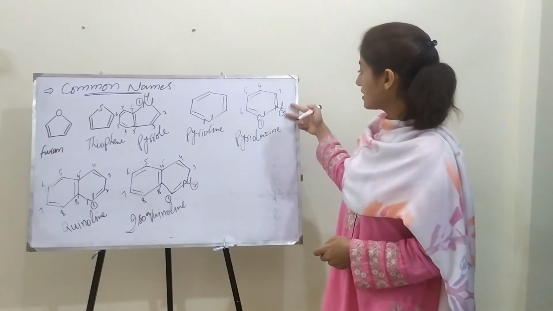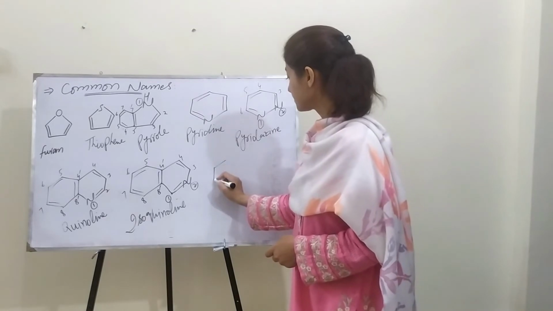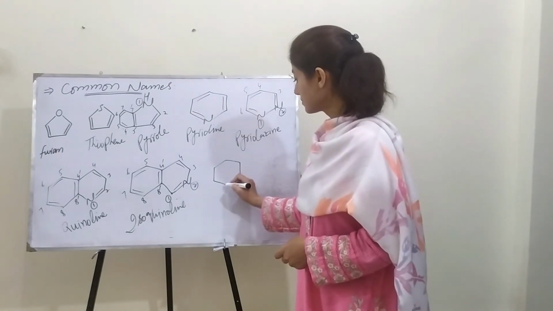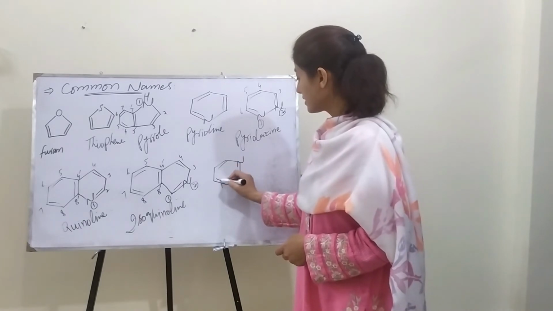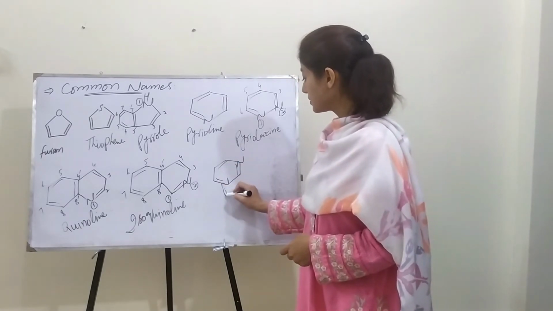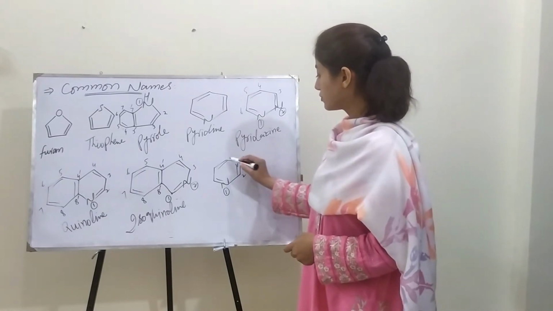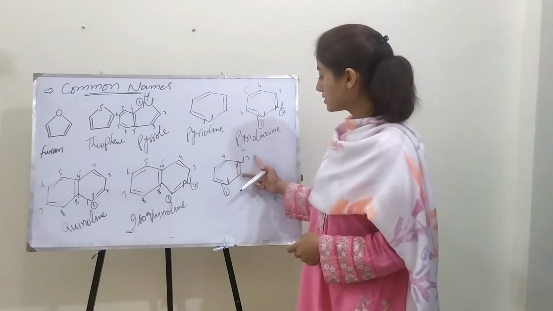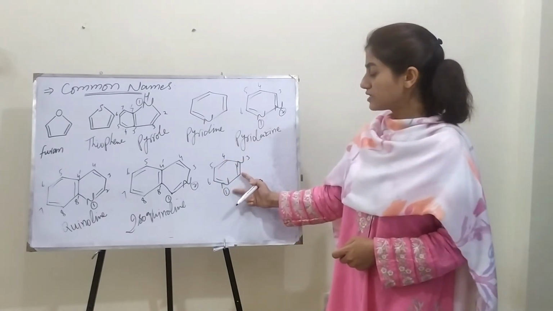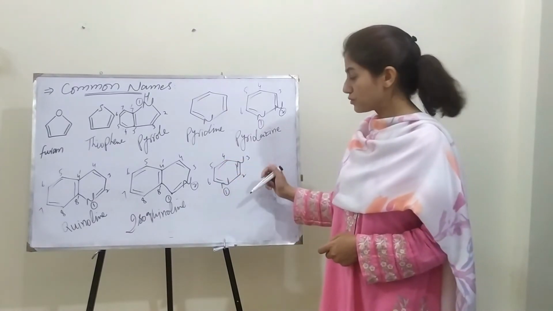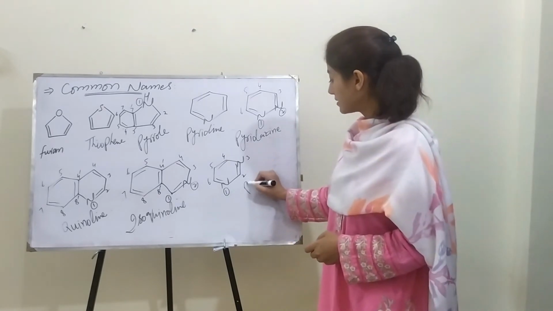And if the second nitrogen is at position number 3 like this, here still the number would be given to one heteroatom, and then we will move towards the other one that is closer to this position. So here the nitrogens are present at number 1 and 3, so the common name of this compound would be pyrimidine.